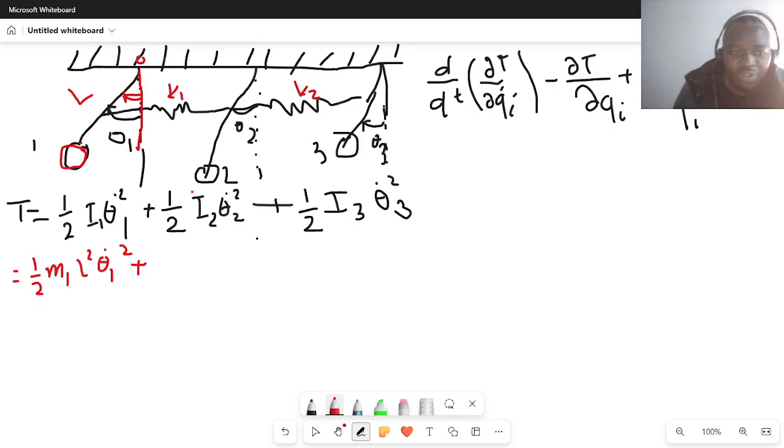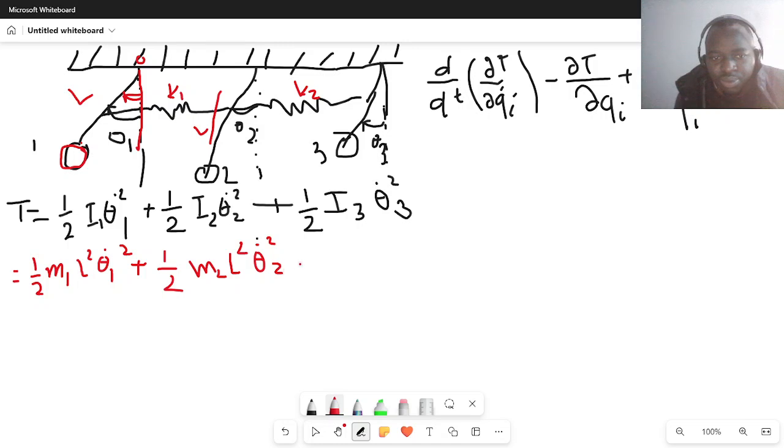So if I have to rewrite the kinetic energy for this one, it is simply half. The only difference is that this one I will call m2, and the distance from mass 2 to the pivot is still L: half m2 L square theta dot 2 square, plus, same thing with object 3, half m3 L square theta dot 3 square.